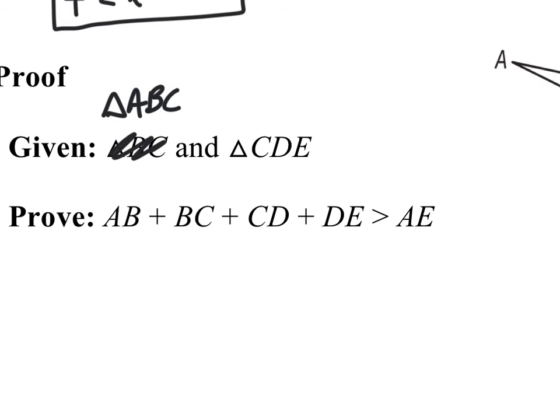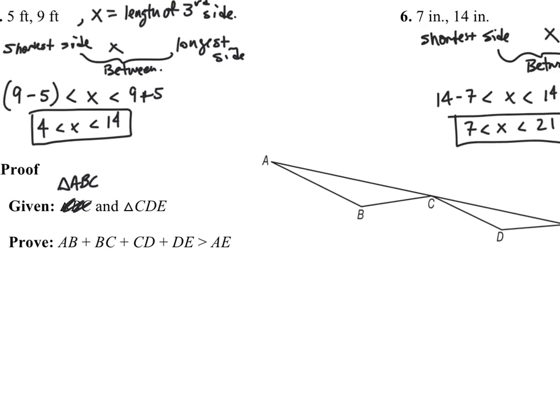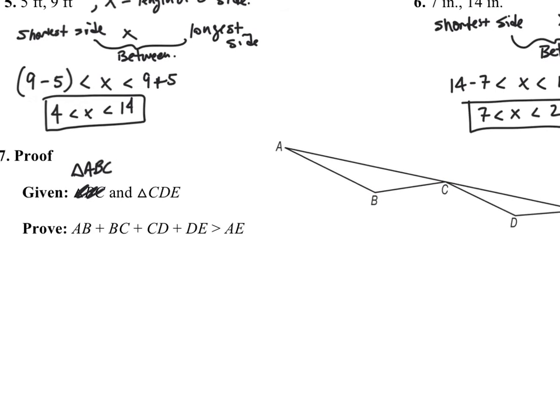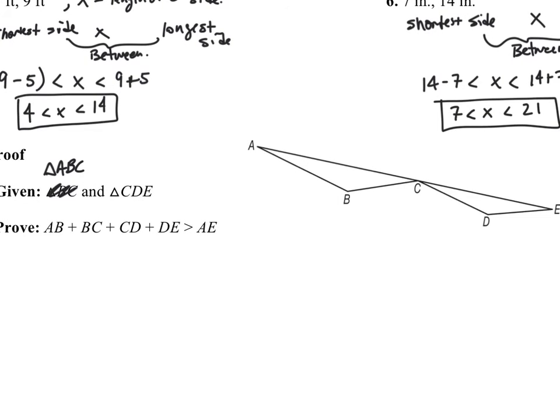Okay, you're given triangle ABC, and you're given triangle CDE. And you want to show that the length of AB plus the length of AC plus the length of CD plus the length of AE, the sum of all of these has to be greater than the length of AE, okay?